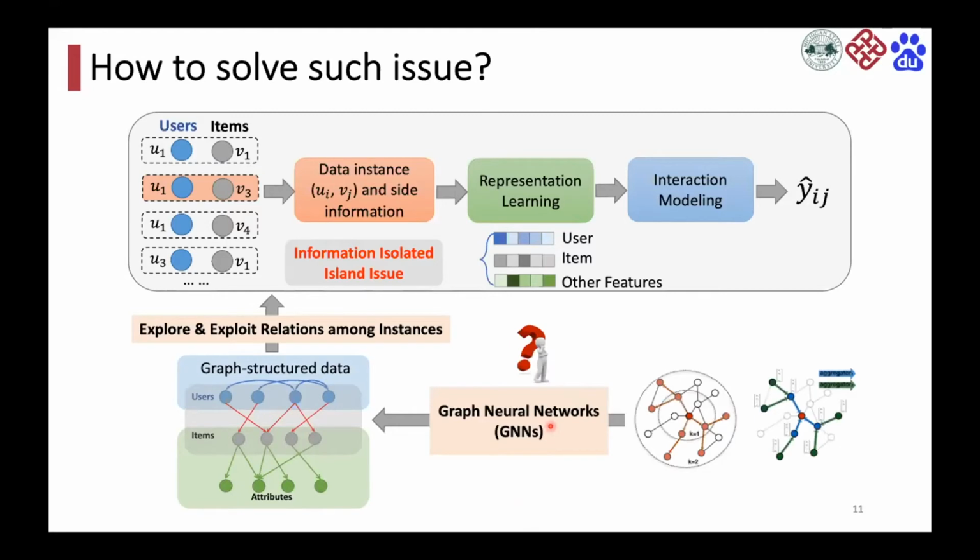Then here is the question: how to model such graph-structured data while still achieving promising performance for recommender systems? One potential solution is to consider the data of the recommender system as a graph and employ the power of graph neural network techniques to explore and exploit the relations among the instances in the graph.